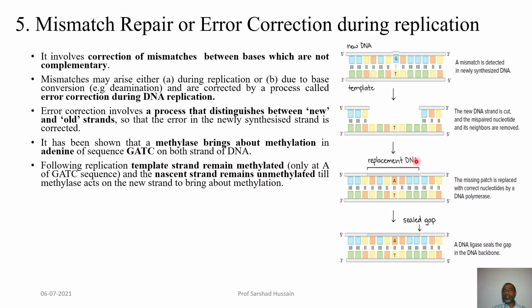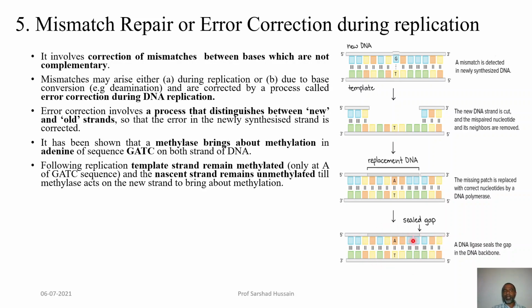Once the new strand is recognized, the endonuclease will come and cleave the mispaired, mismatched base opposite to the old strand, then the exonuclease will remove this part, the DNA polymerase will resynthesize it, and the ligase enzyme will seal it, and the repair of the strand will be done.